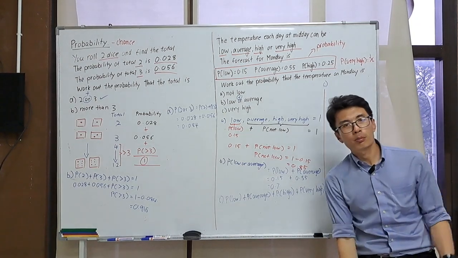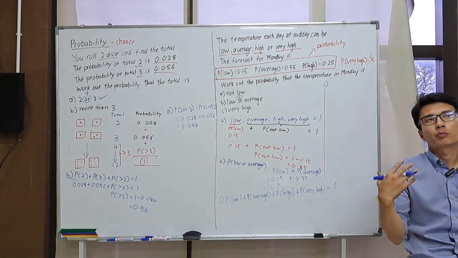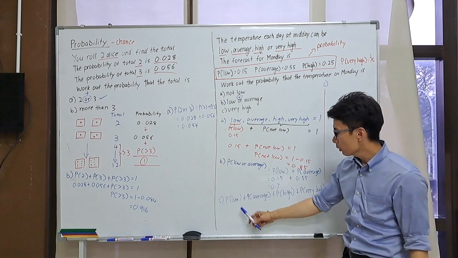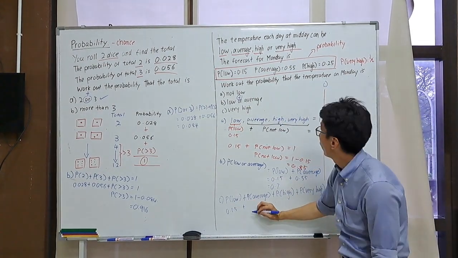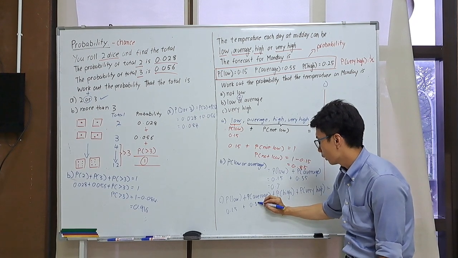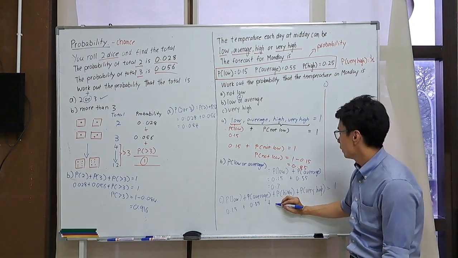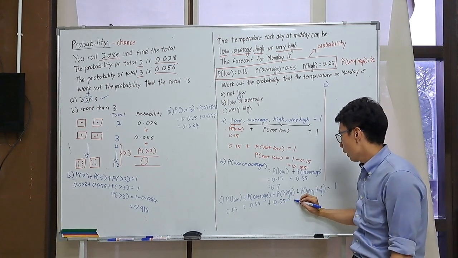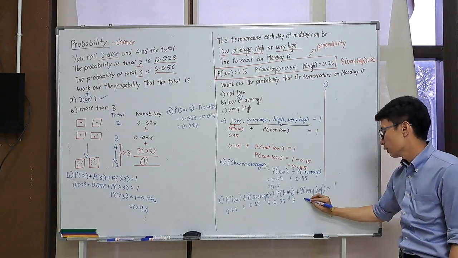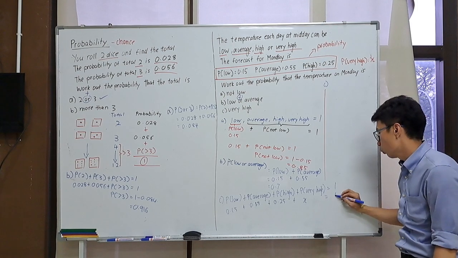If you add up all the probabilities, the maximum is always going to be 1. So I'm going to fill in all this information. Low is 0.15, average is 0.55, high is 0.25, and very high is my unknown, x, and that equals 1.